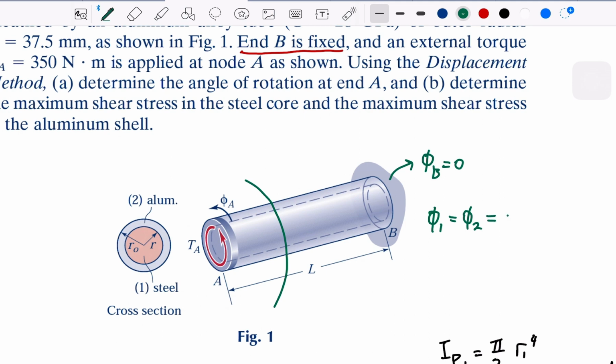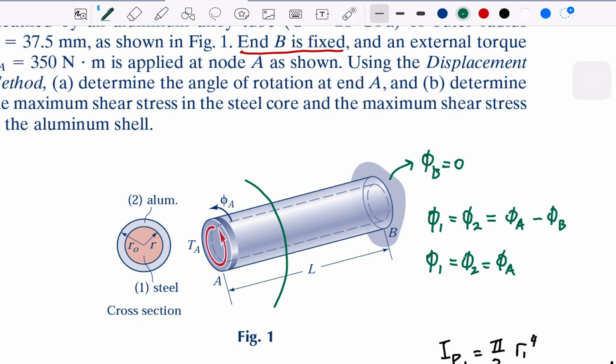This is actually the difference between the twist at A and the twist at B. But since the twisted angle at B is 0, this is equal to only A.